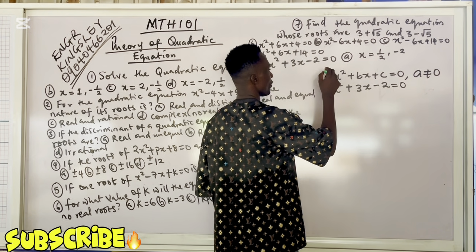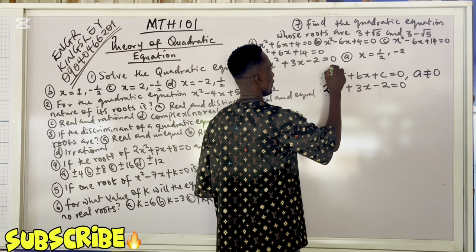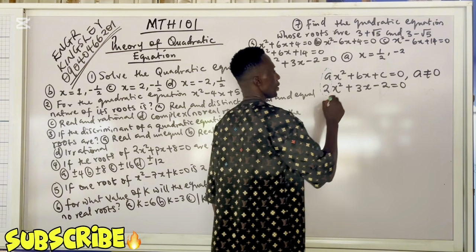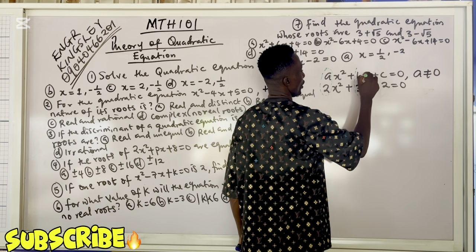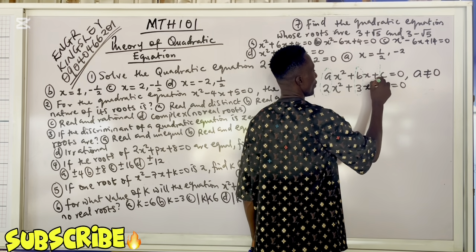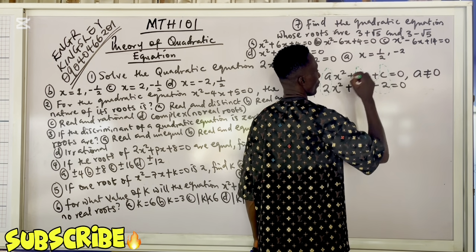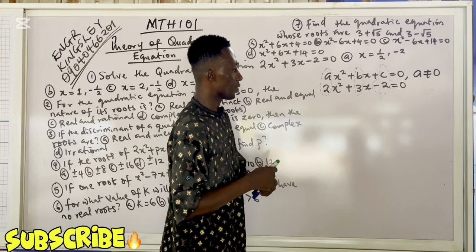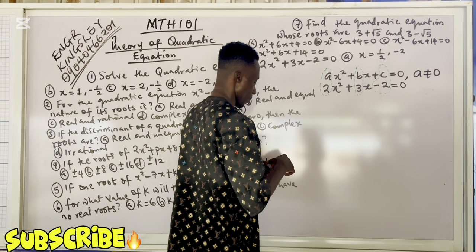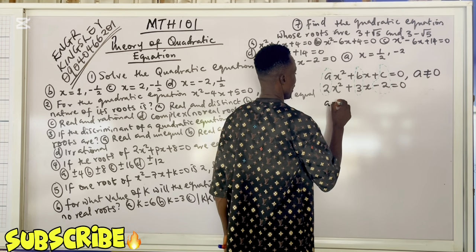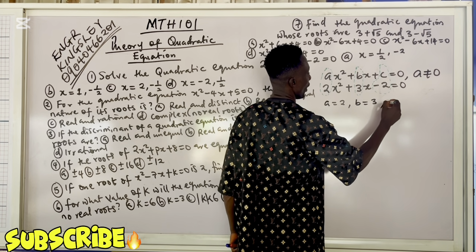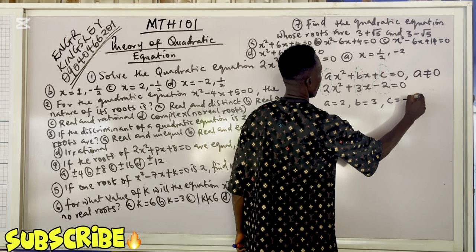The value of a is the constant attached to x squared, the value of b is the constant attached to x, and c is the constant that doesn't have x attached to it. So we can write out our parameters: a equals 2, b equals 3, and c equals minus 2.